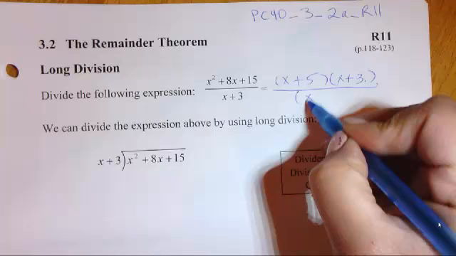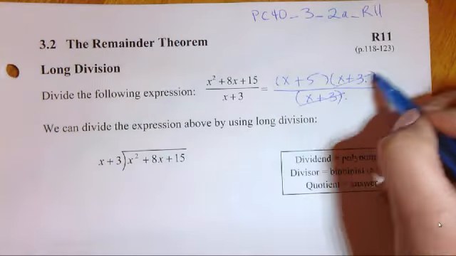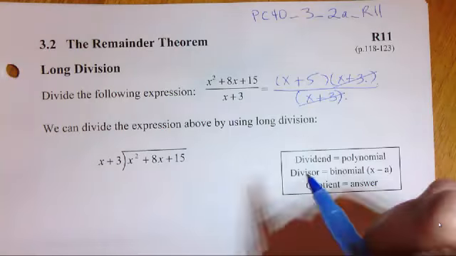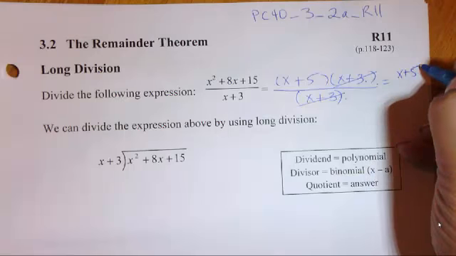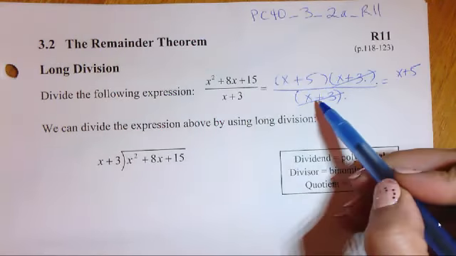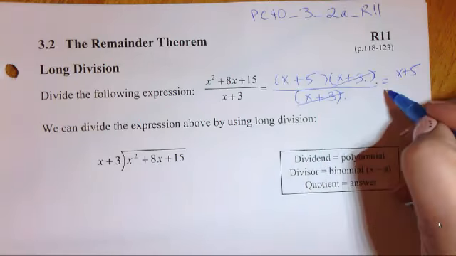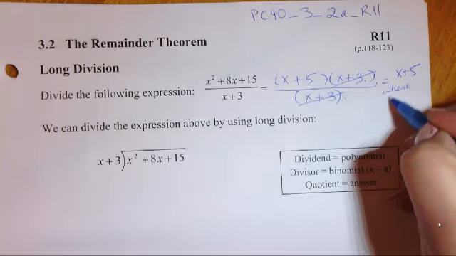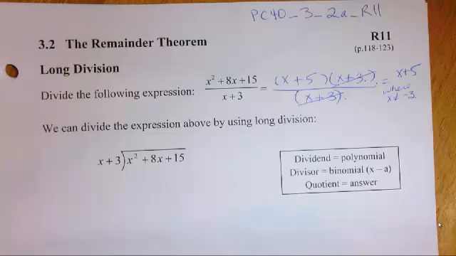The denominator is already factored, and we would simply reduce these common factors, and that would simplify to x plus 5. We would also talk about restrictions. Remember, if anything makes the denominator 0, it's not allowed. So we would also have said that x is not allowed to be -3.